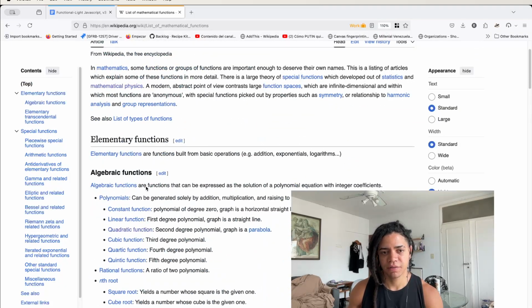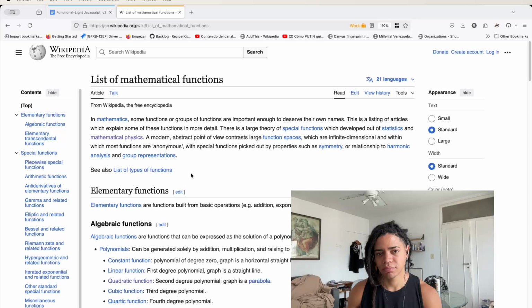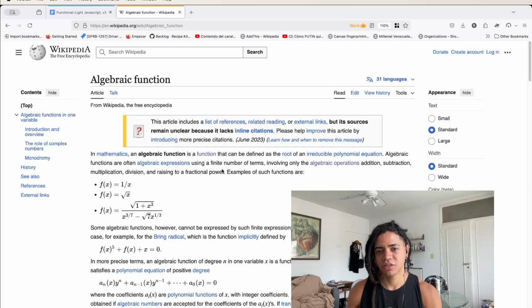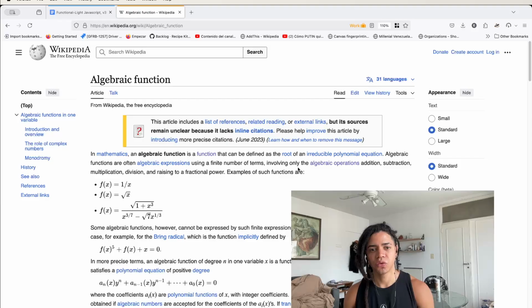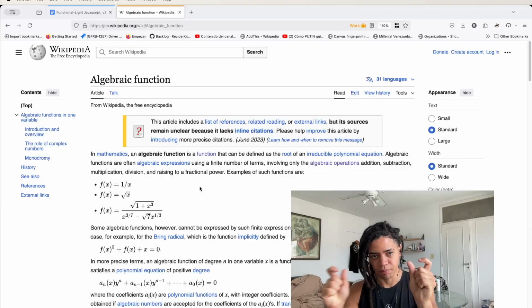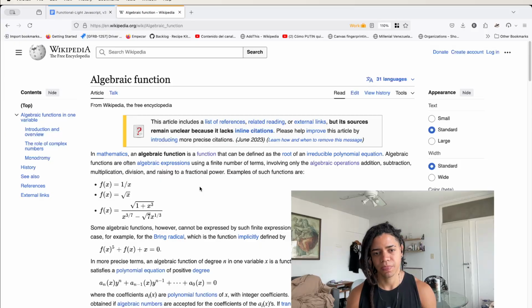But again, this is part of algebra, right? An algebraic function is just a fancy way to say, from algebra, these missing pieces, these broken parts. Algebra is the decomposition.